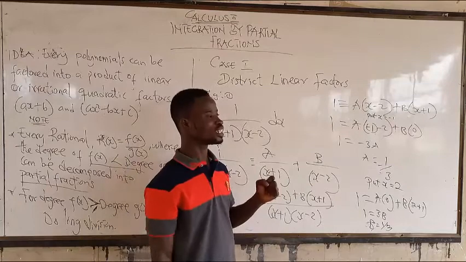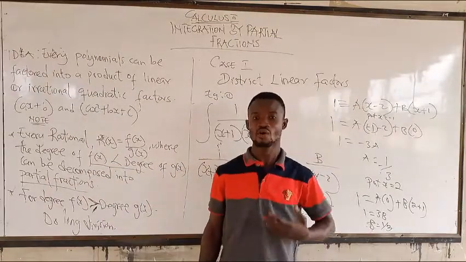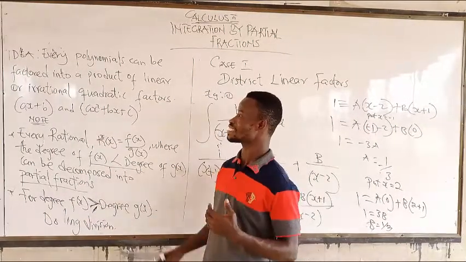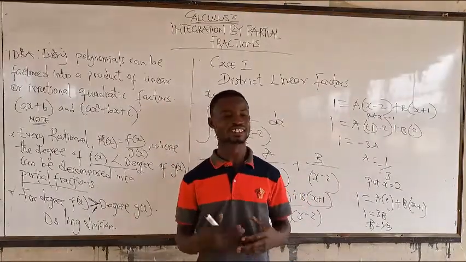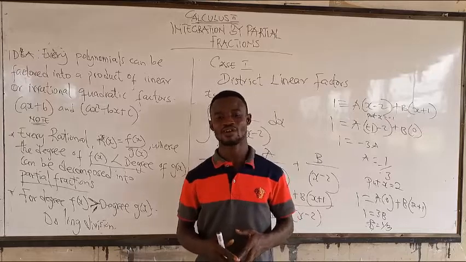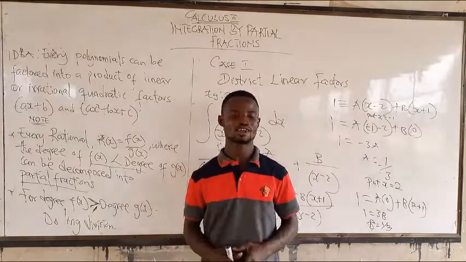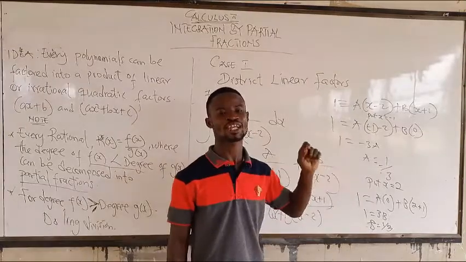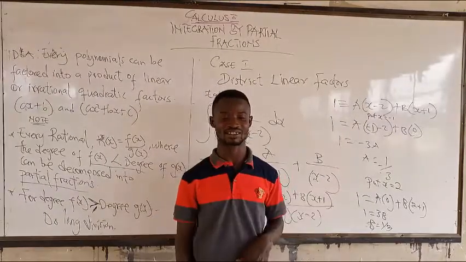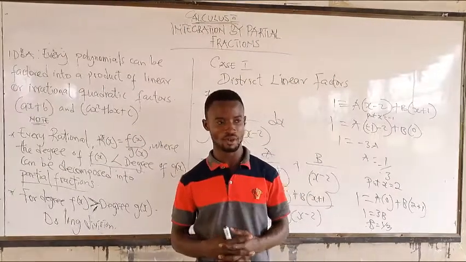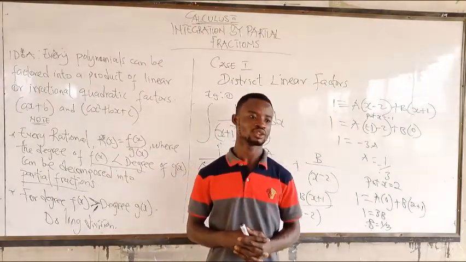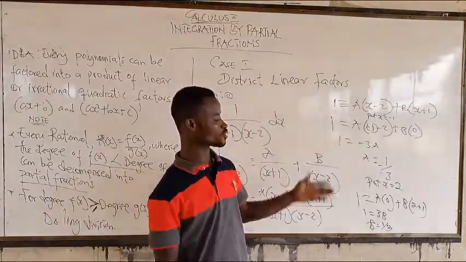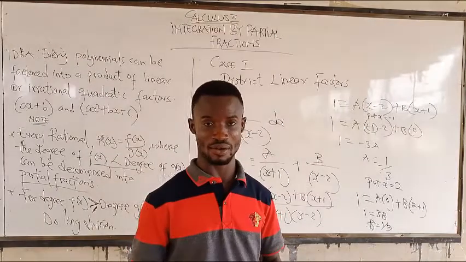But for some functions, when you go by that method, comparing the coefficients to the left hand side becomes somehow boring when you get about 3 or 4 equations to solve. So let's go by one method and go our way.